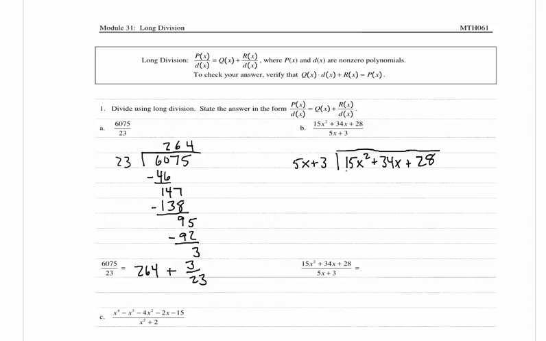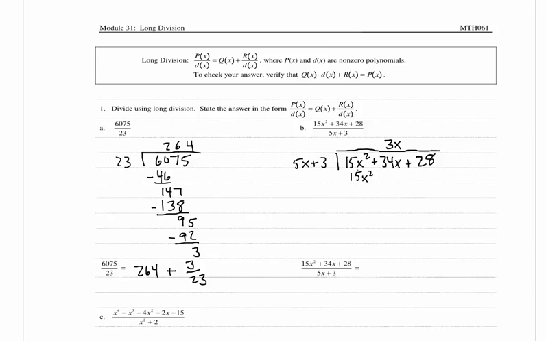And now we need to determine how many times 5x can go into 15x squared, and that's 3x. Or you could look at it as 15x squared divided by 5x is 3x. 3x times 5x is 15x squared.